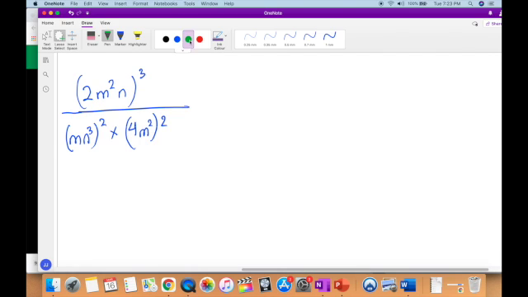Now what I need you to know is this: if you have a to the m, brackets n, then you multiply indices. That is a to the m n, m multiplied by n. But what if you had a to the m multiplied by b to the p multiplied by c to the r, all to the power of n?